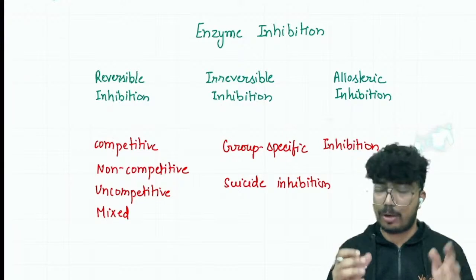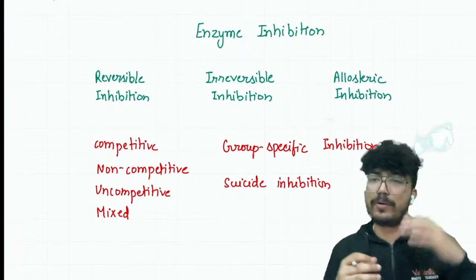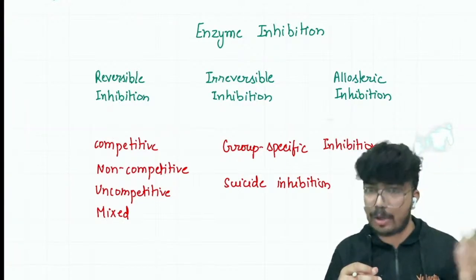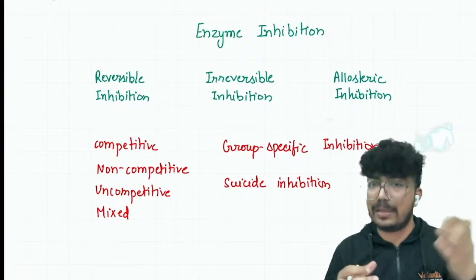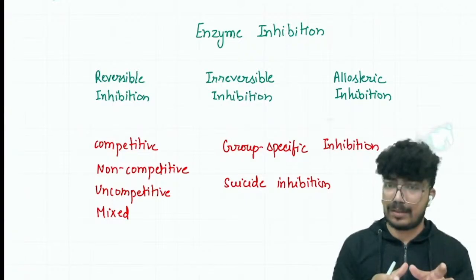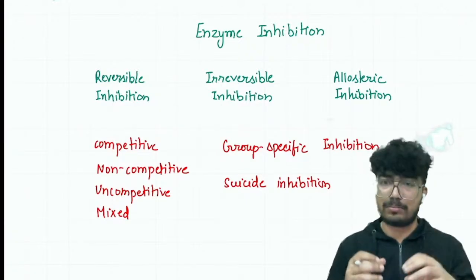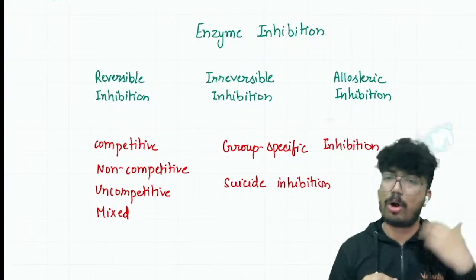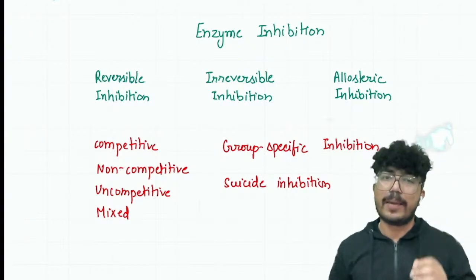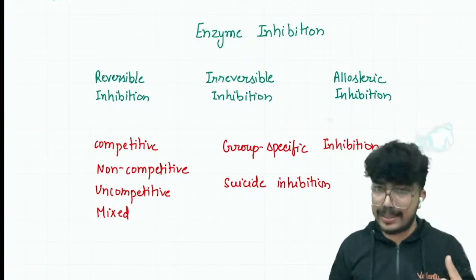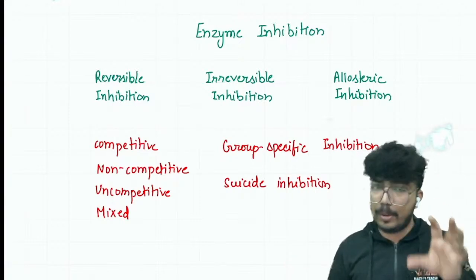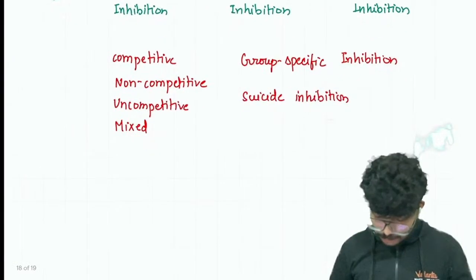For other types of inhibition, even if you refer to books up to the level of NEET or above, you are not going to find all these details. These topics are taught at the level of graduation or post graduation. So I have just told you the names, and I will only be discussing competitive inhibition.